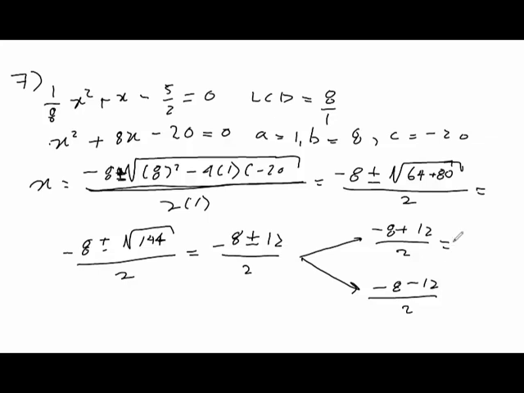And so this one is equal to negative 8 and 12 is going to be 4 over 2. So that's going to be equal to 2. And then here we have negative 20 over 2, and that will give us negative 10. So that means that our solution set will be equal to negative 10 and 2, and that is our answer.